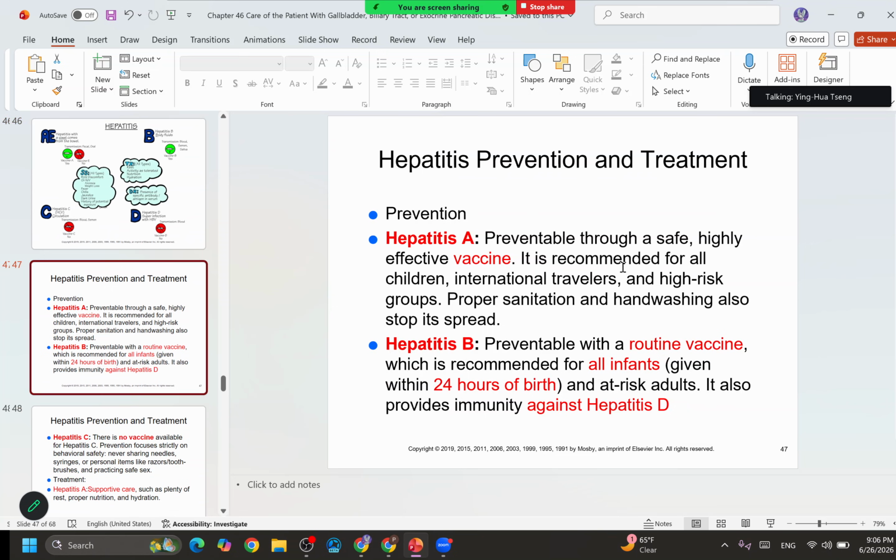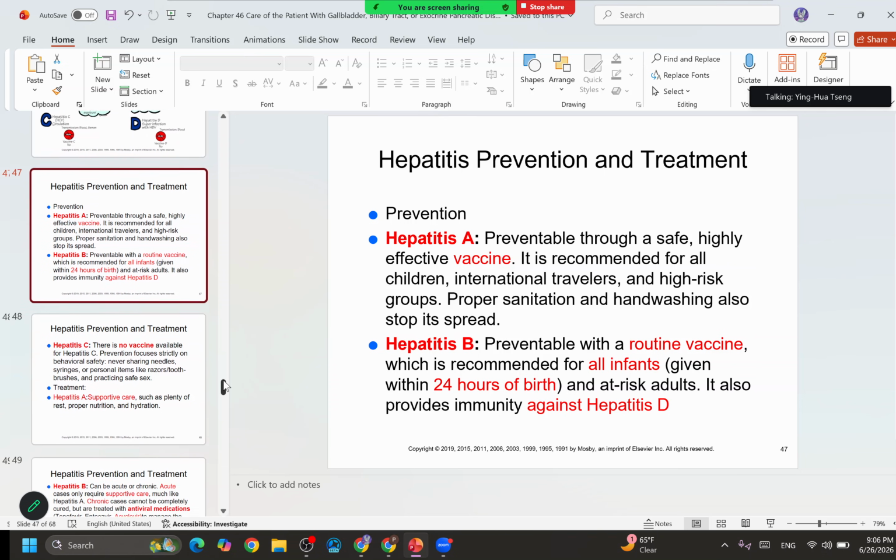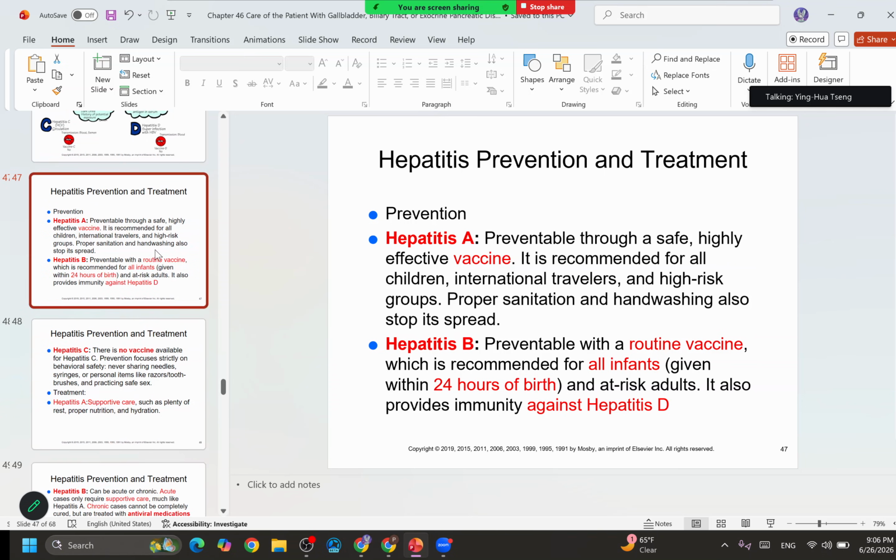Here, I'd like to ask you some questions. The first thing is prevention, and the second thing is treatment. For prevention, hepatitis A does have a vaccine.